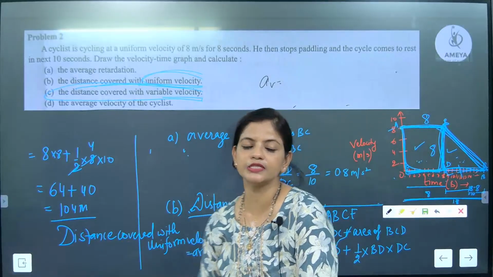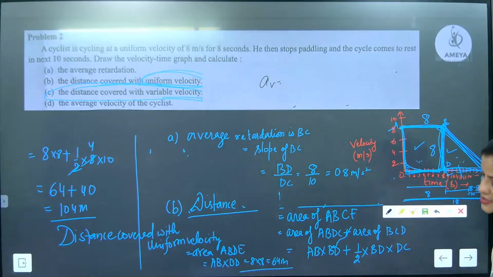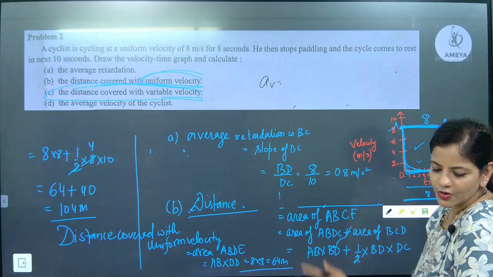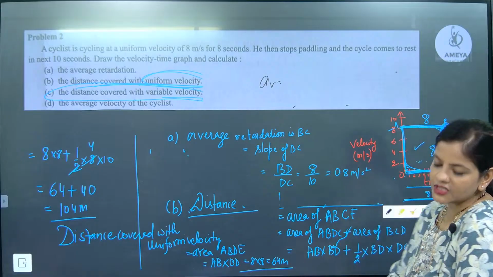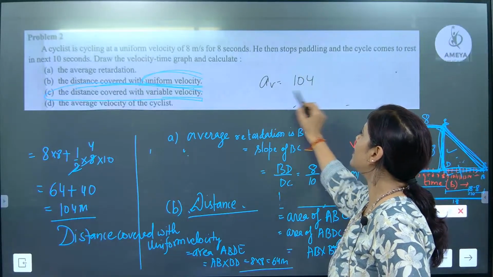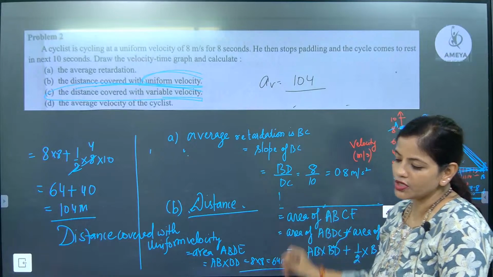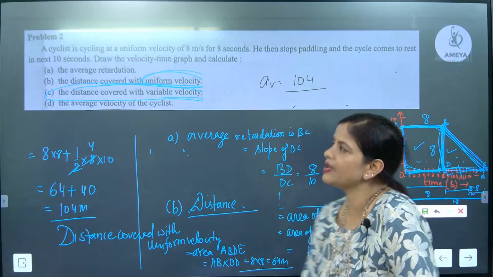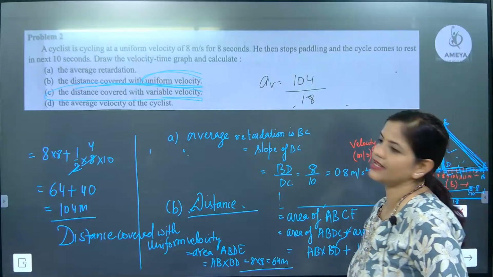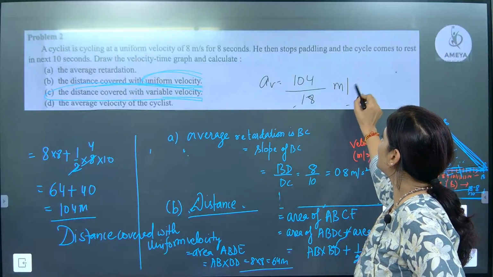What is the total distance? 64 plus 40, that is 104. We have already found the total distance. And what is the total time taken? Total time taken is 18 seconds.